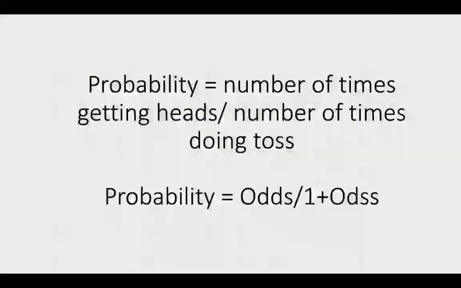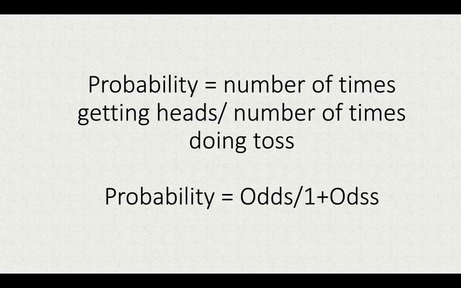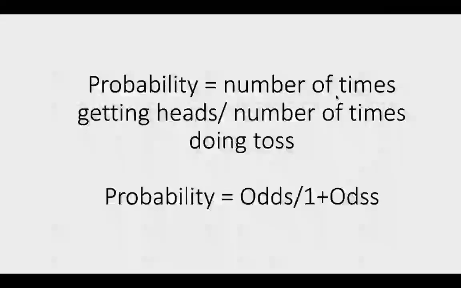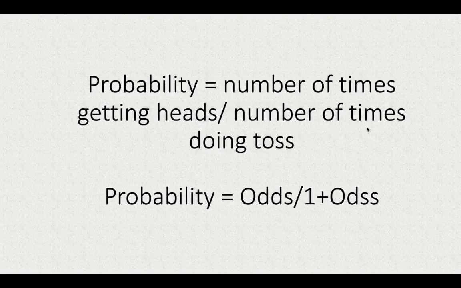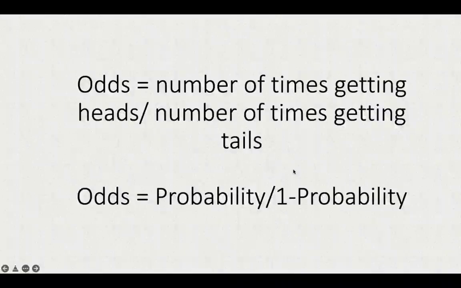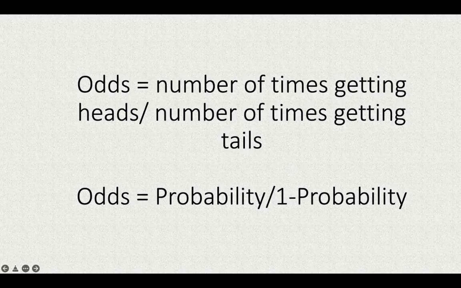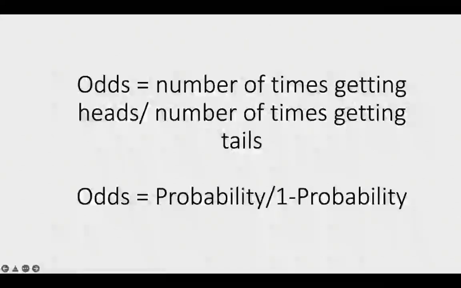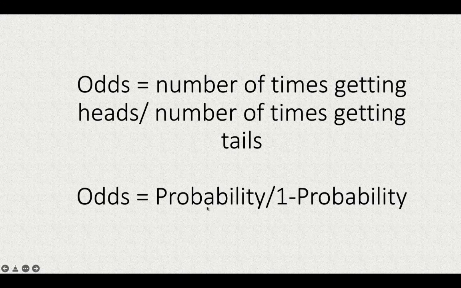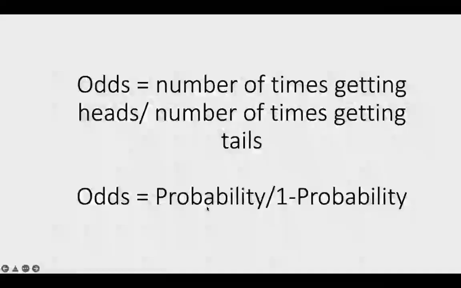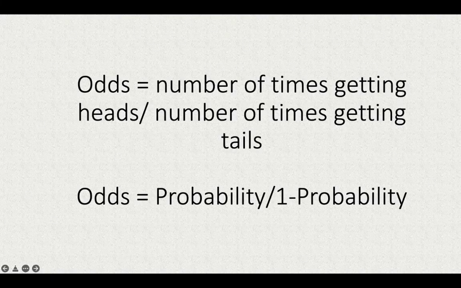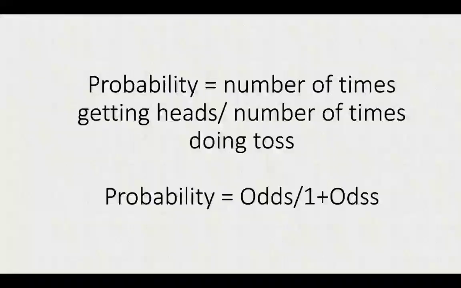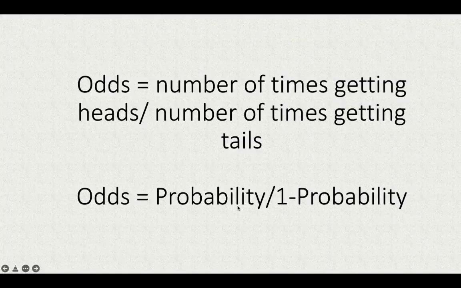As you can see in the previous slide, probability is the number of times getting heads over the number of times doing toss. On the other hand, odds is the number of times getting heads divided by the number of times getting tails, the other event. The formula is simple: probability divided by 1 minus probability. We'll have to remember these formulas, the formula for probability and the formula for odds.